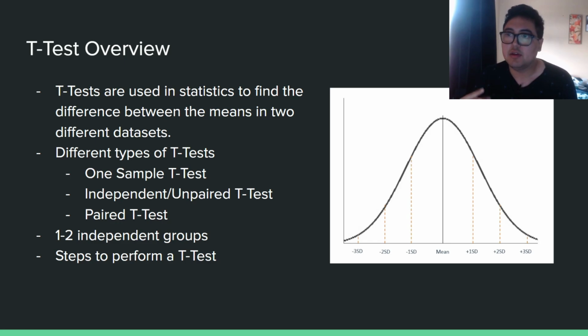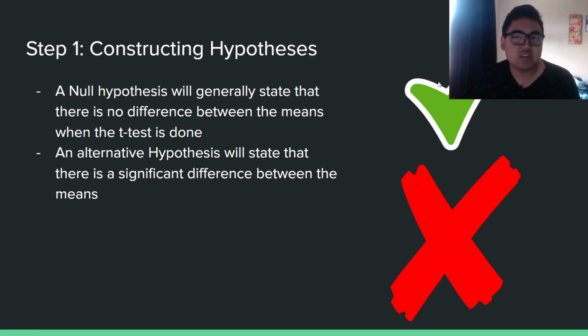So to begin, you want 1 to 2 individual data sets, depending on the test that you're doing, and construct a null and alternative hypothesis around them. So here, step 1 is constructing the hypothesis. A null hypothesis will generally state that there is no difference between the means when the t-test is done. What this kind of means is that, let's say you have a research question that you're trying to find the answer to.